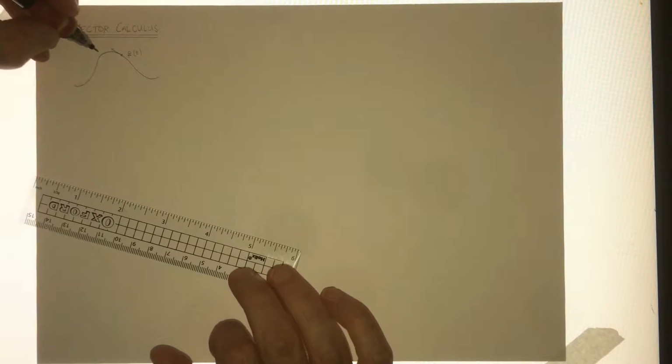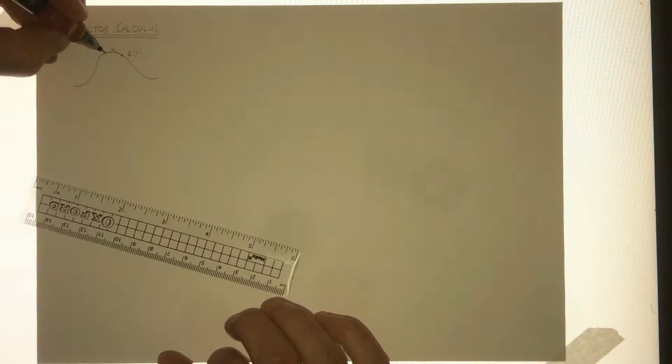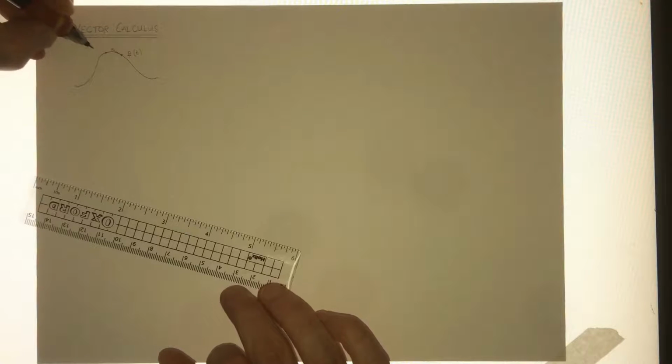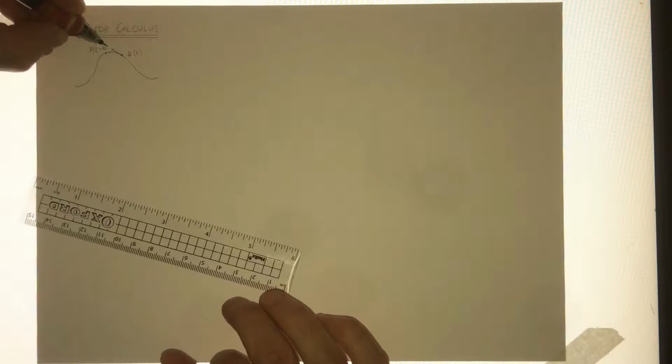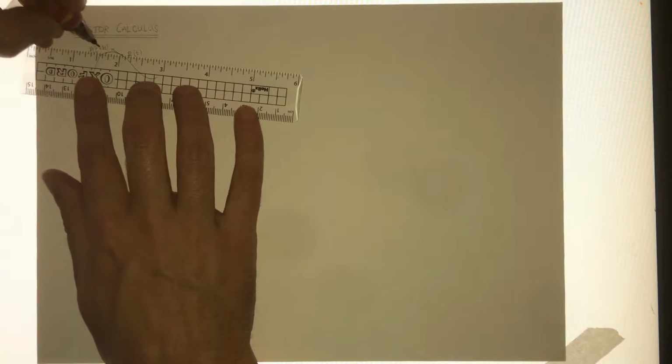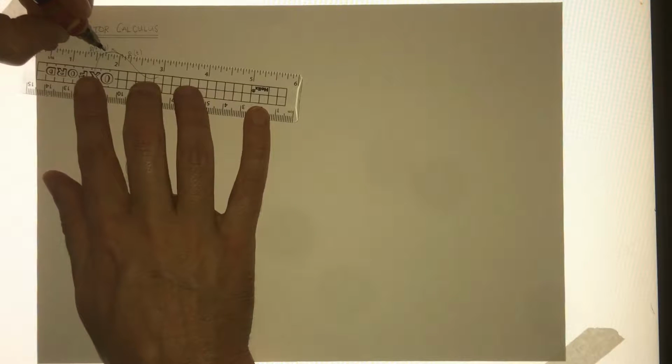What we can do is we can take points P at a little bit later than t, plus epsilon, or let's call it delta t. And we can look at the slope, sorry, the vector we get from this.